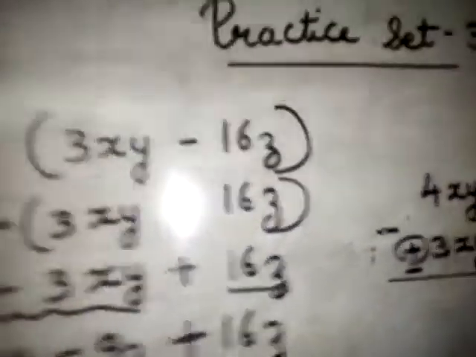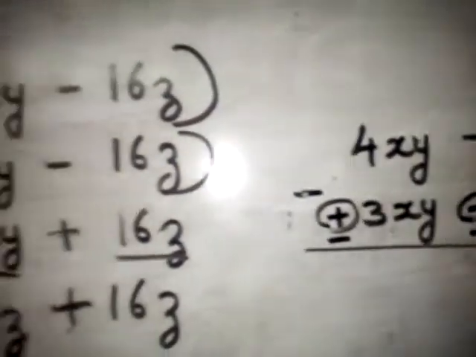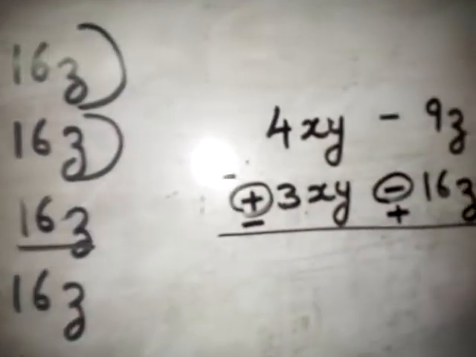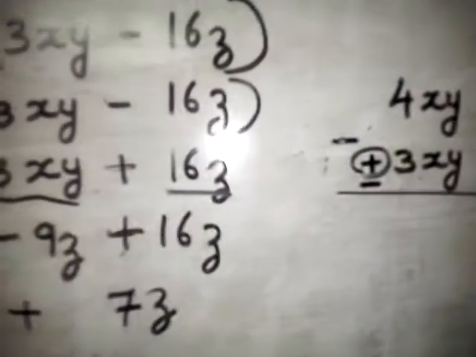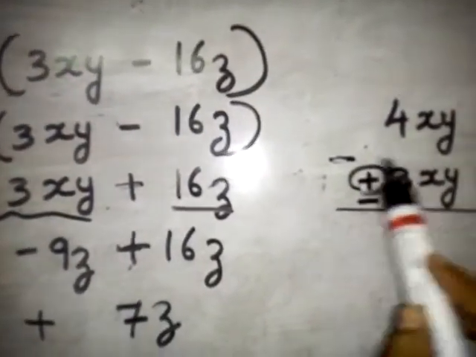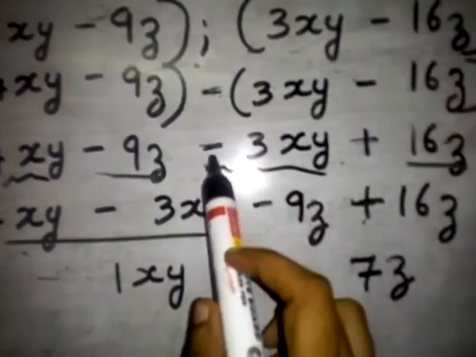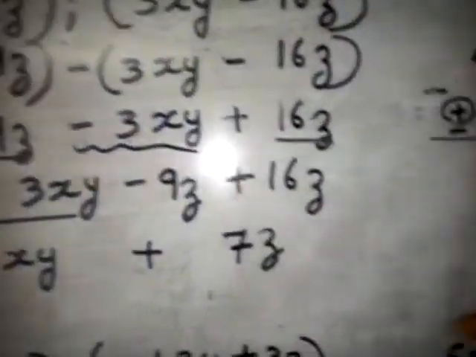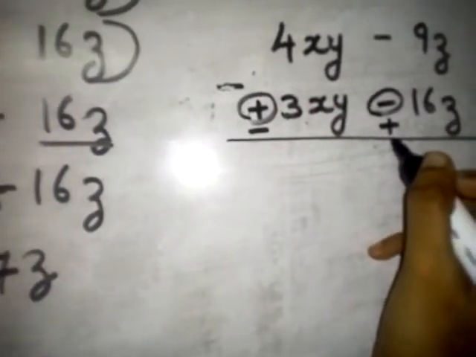First, in the question, write vertically 4xy minus 9z and 3xy minus 16z, subtraction is there, you put minus, and the sign which I circled, you write the opposite sign after converting using the sign formula. Minus into plus is minus, minus into minus is plus. Here which I circled, I have written the opposite sign already.